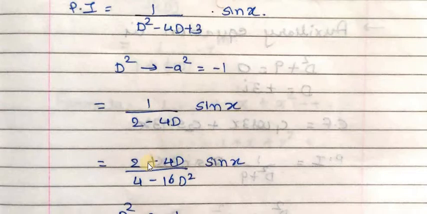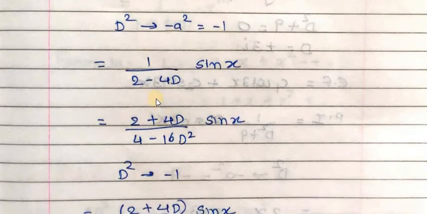So in the numerator we will have 2 plus 4D, and in the denominator we will have two terms, 2 minus 4D and 2 plus 4D. On that we have to apply the formula (a minus b)(a plus b), so it will become a square minus b square. So the value of a is 2, so 2 square is 4, then minus 4D square, so it will become 16D square, and this is sine 1x.